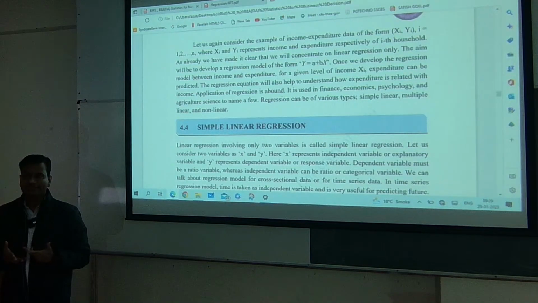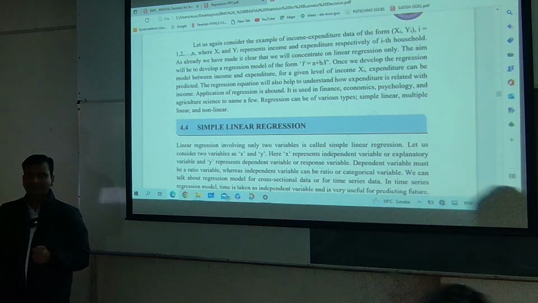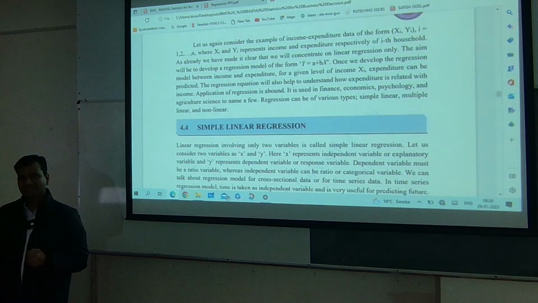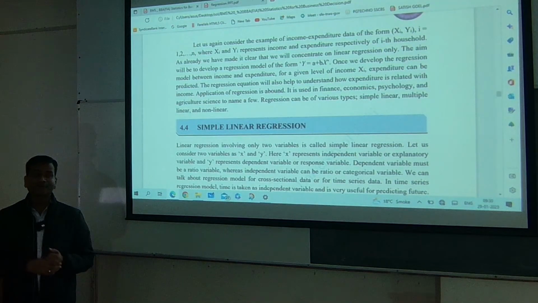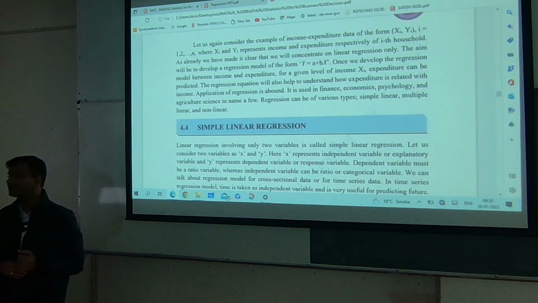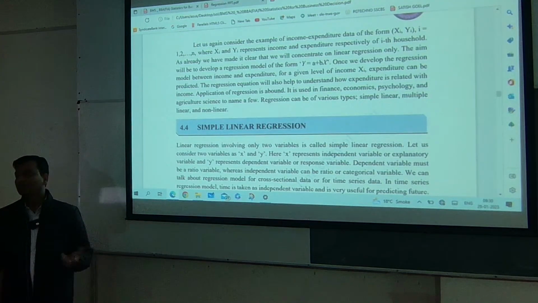In non-linear, you may have more than one degree, that means y equals x raised to power n, where n can be 2, 3, 4, 5, or even fractions, except one. Then it would be non-linear. Or you may have other functions like exponential function, logarithm function, trigonometric function, or any combination of these. Then you have non-linear regression.